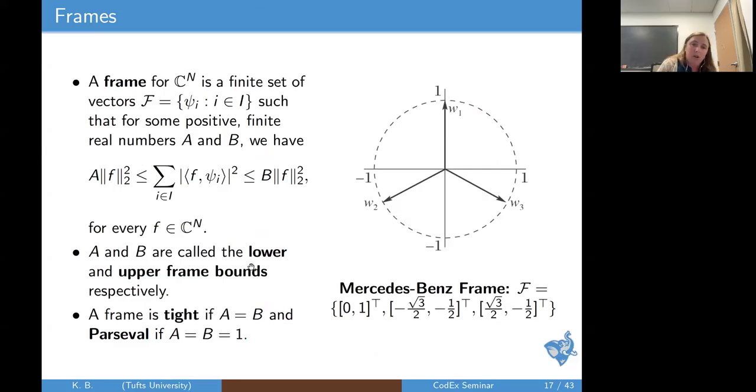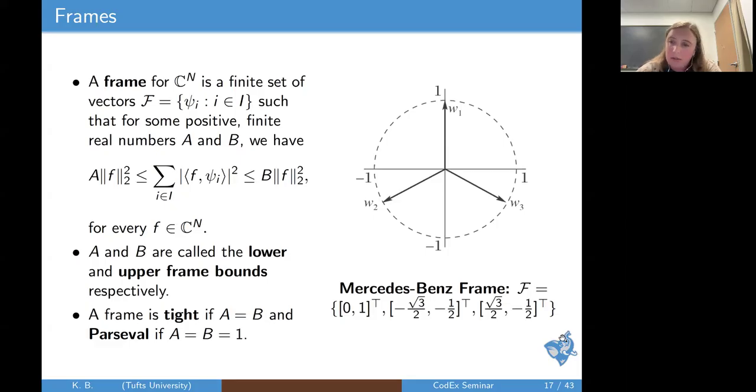A and B are called the lower and upper frame bounds, respectively. Our frame is tight if A equals B, Parseval if A equals B equals 1. Here we have an example of a Mercedes-Benz frame, which is 3 vectors in R^2. And that one in particular is tight.